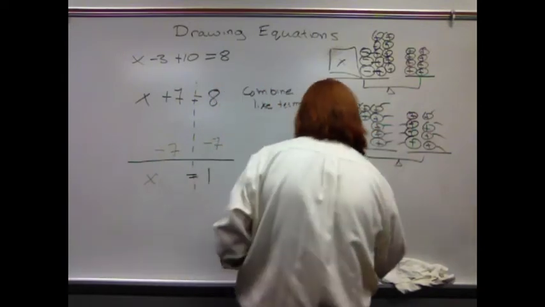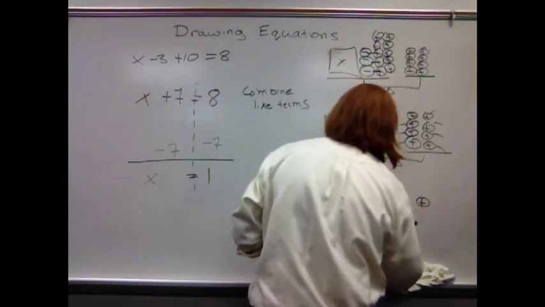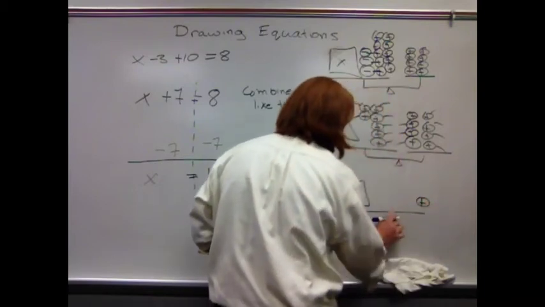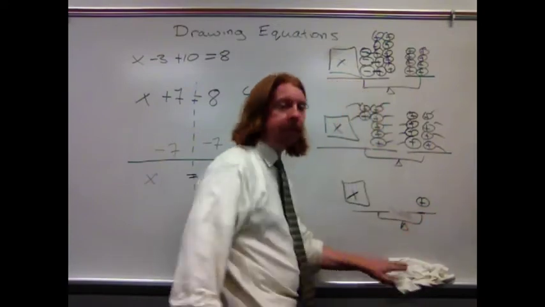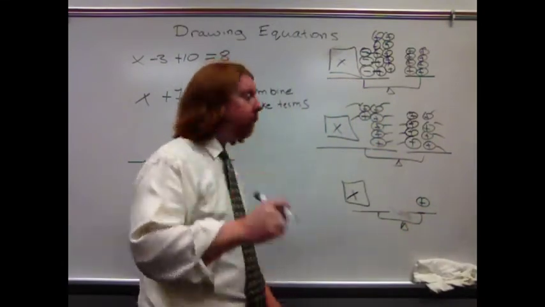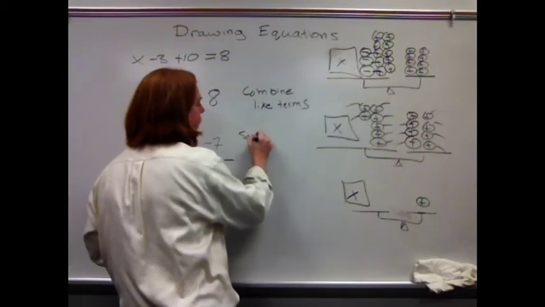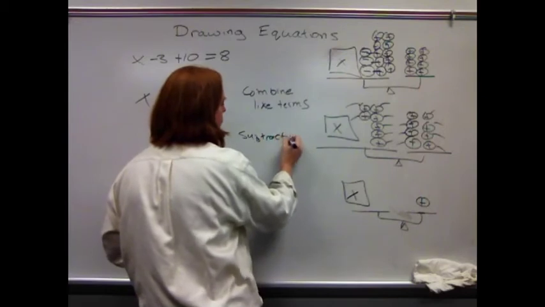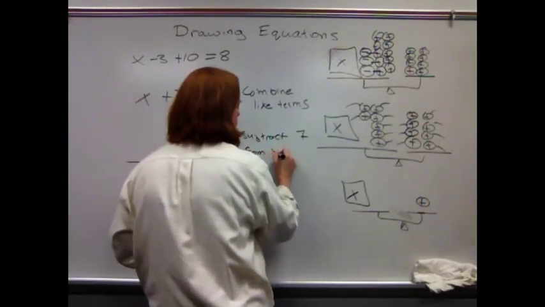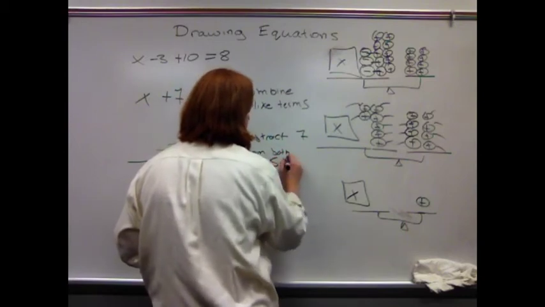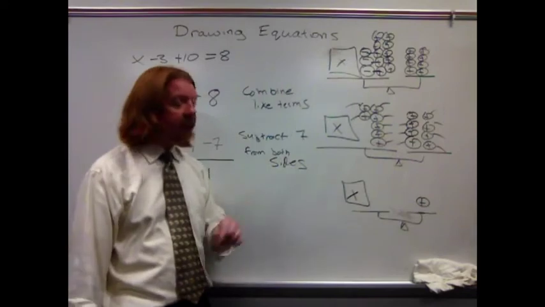So visually, x is going to balance with 1 disk. What I did, I subtracted 7 from both sides. And I can see that there.